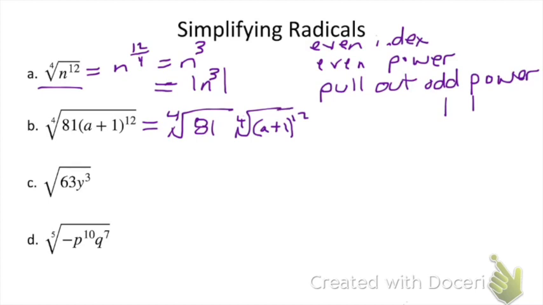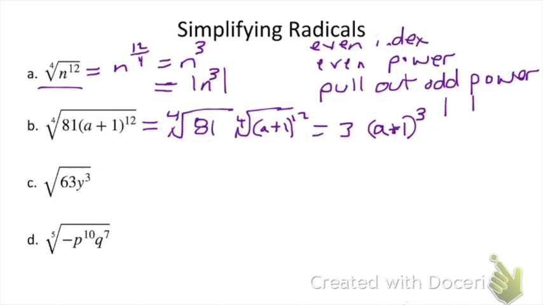And you don't need to show all these steps. I'm just trying to show you everything. The 4th root of 81 is 3. Then we have a plus 1 to the 12th power. We have 12/4, which is also 3. So we have a plus 1 to the 3rd power.